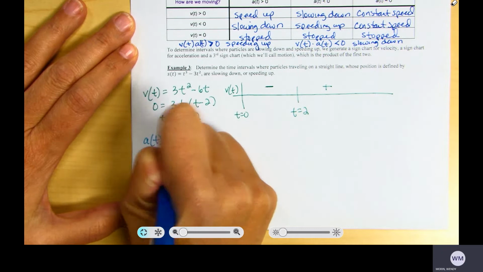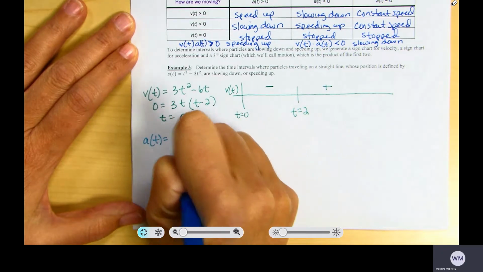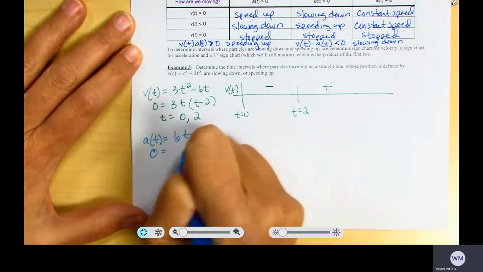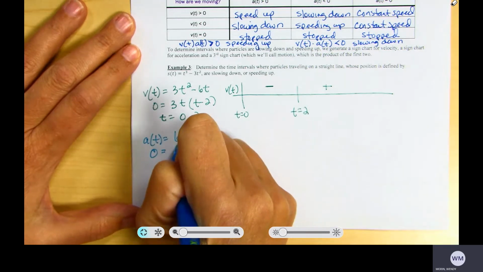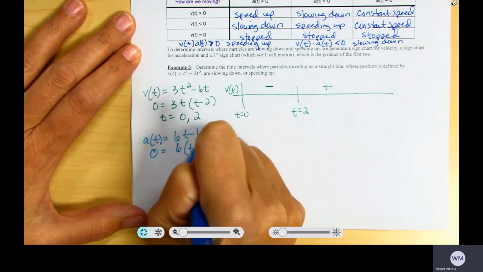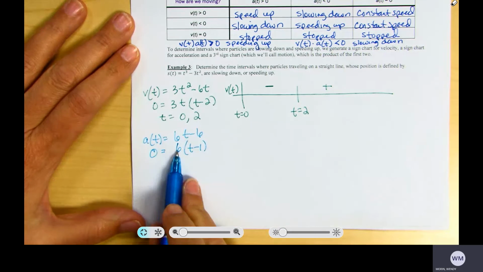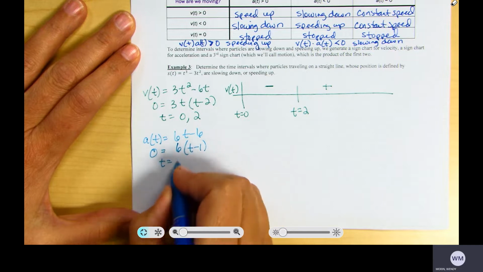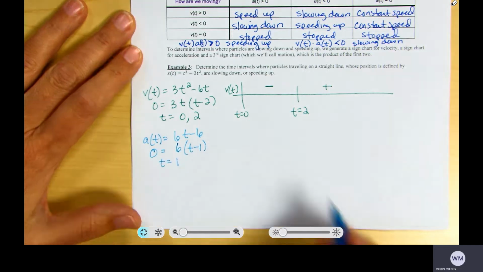Acceleration is the derivative of velocity, so it's 6t minus 6. I want to know when I have 0 acceleration. So if I factor out the 6 and set this equal to 0, 6 never equals 0, so t is equal to 1 when your acceleration is equal to 0.